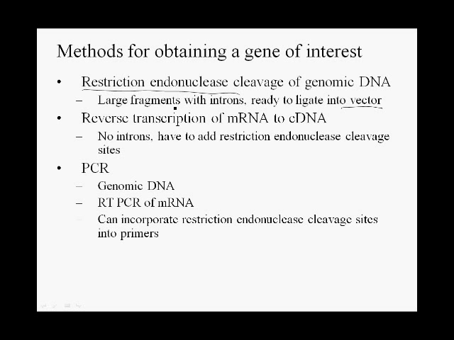That actually makes the restriction endonuclease method impractical for cloning the CFTR gene, because 189,000 base pairs is way too large to clone into a plasmid vector. Even if we could ligate it or insert it into a plasmid vector, there is no way that we can transform it into a bacterial cell or stably maintain and propagate it in a bacterial cell, because there are limits to the sizes of plasmids.